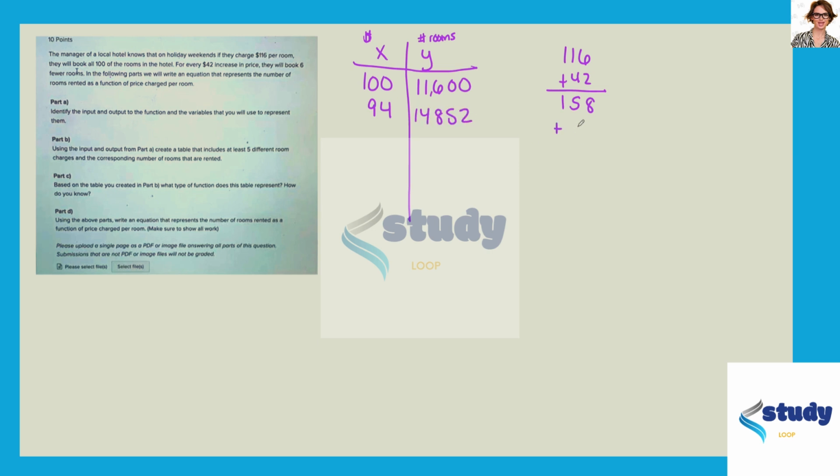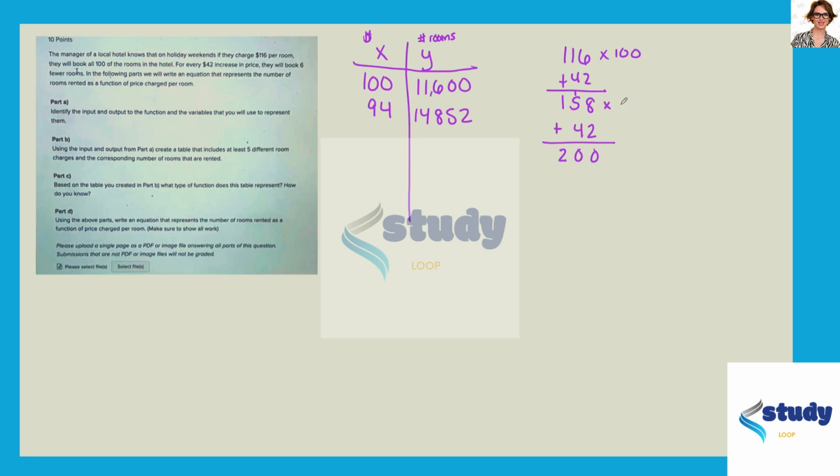If I add another $42 onto that, then I'm going to be at $200 per room.